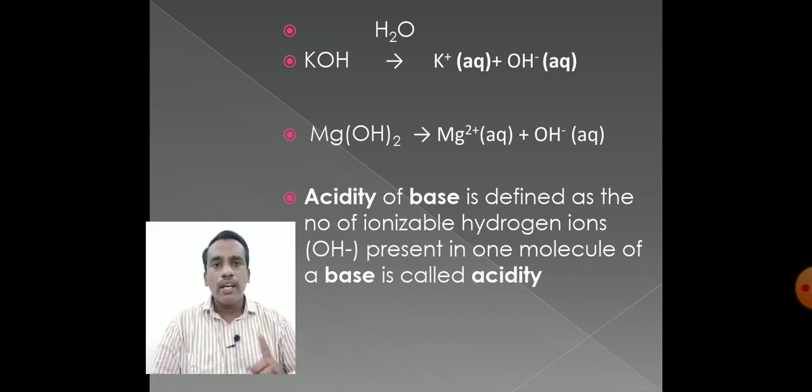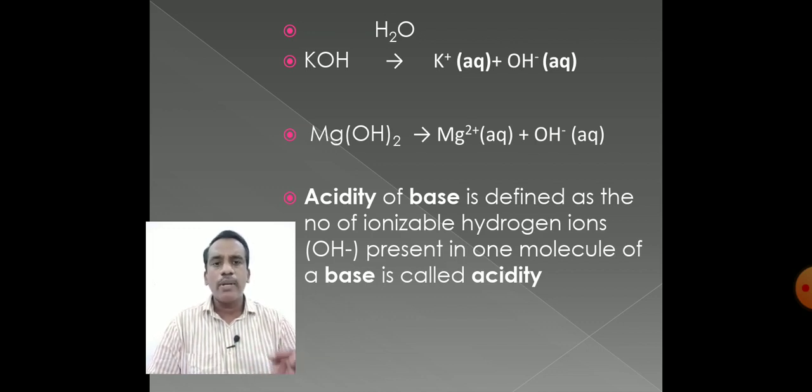Previously, when we were learning about acids, we discussed that the number of H plus ions given by an acid when it dissociates describes its basicity. Basicity, the word we call basicity. Now the number of OH minus ions given by a base explains the acidity of a base.